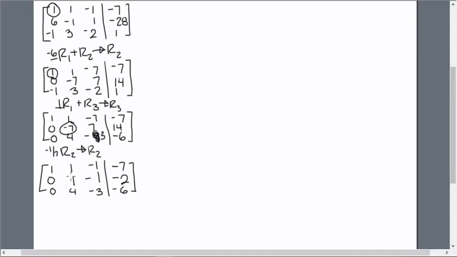Alright, now the last thing I need is to use this to knock this out. So some version of row 2 plus row 3 to go in row 3 spot. Now if I multiply this by -4, they're going to zero out. So the first and second rows do not change. So I have 1, 1, -1, -7.